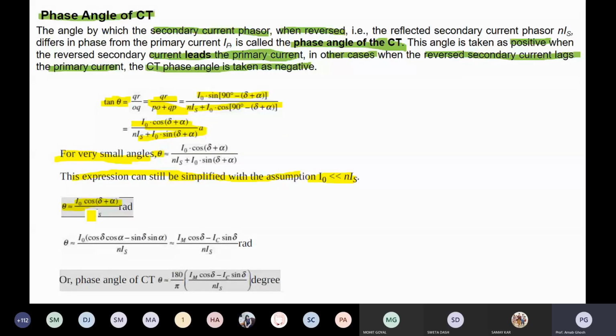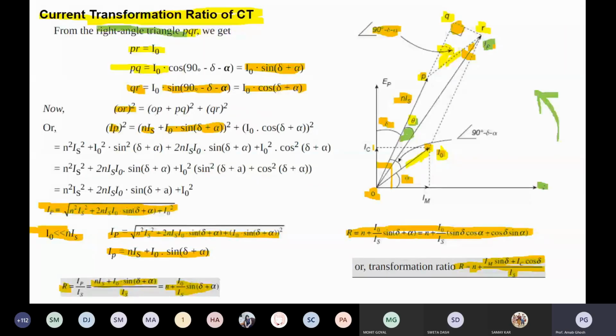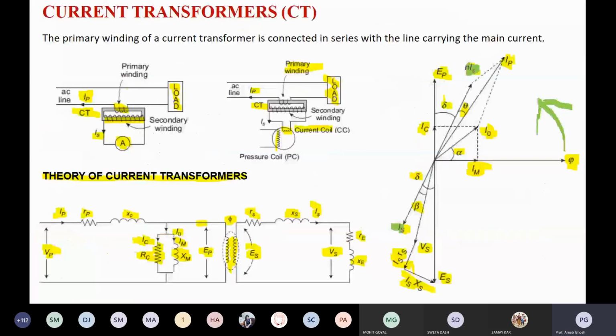Again you are able to find that expression. You know the cos(A plus B) formula: cos A cos B minus sin A sin B. So that formula is expressed. I0 cos alpha equals Im, the magnetizing component, and I0 sin alpha equals IC.